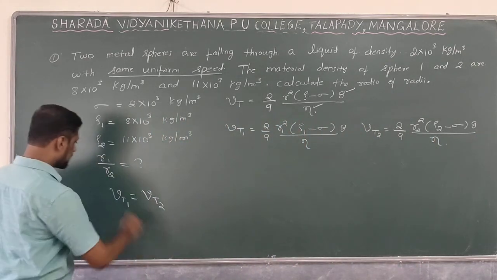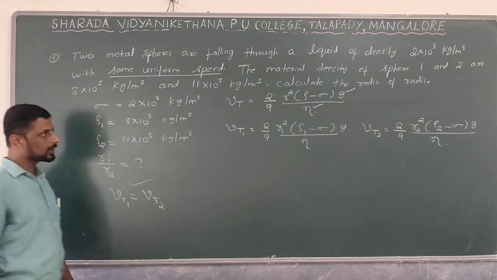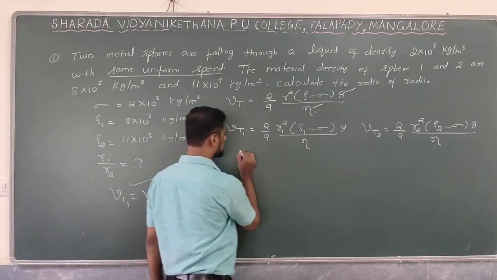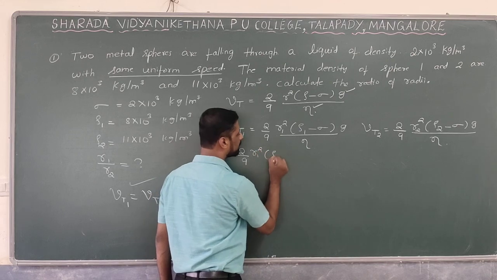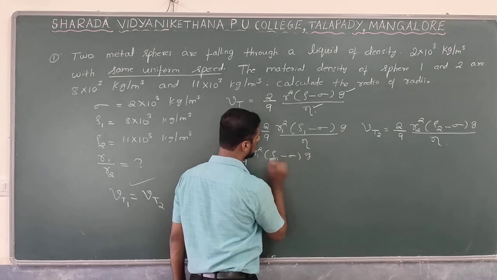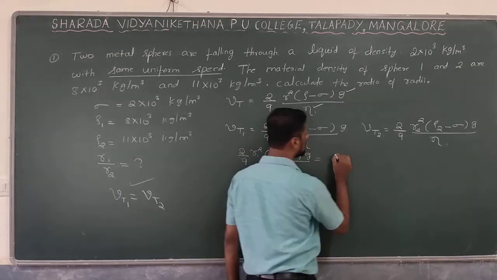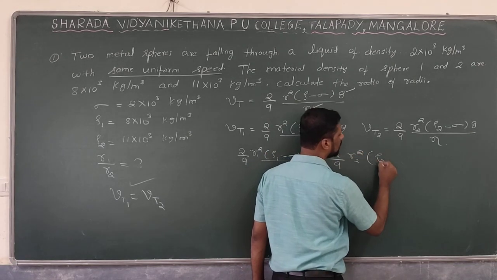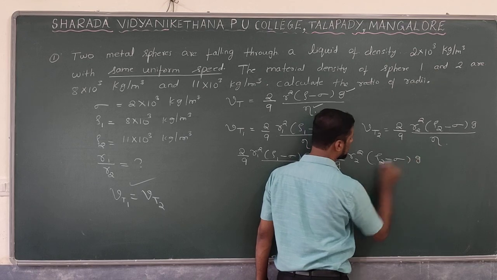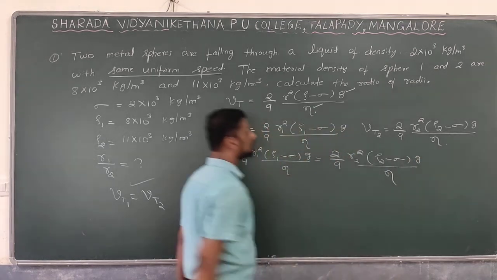In the problem, they have given Vt1 is equal to Vt2. Equate the two equations.